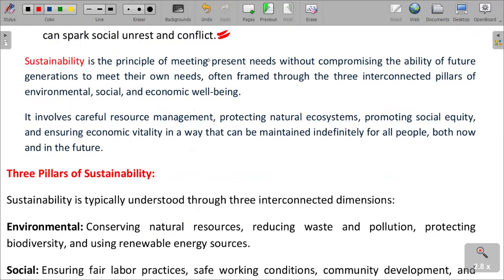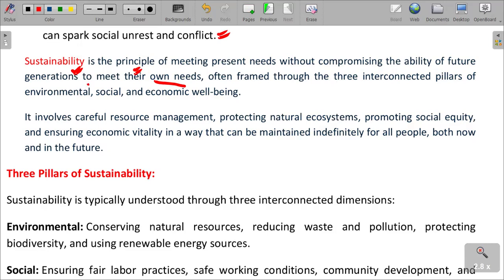So, sustainability. What is sustainability, class? Sustainability is basically a principle of meeting present needs without compromising the ability of future generations. We talked about the sparing use of resources; future generations still need to meet their own needs. This is often framed through three interconnected pillars.